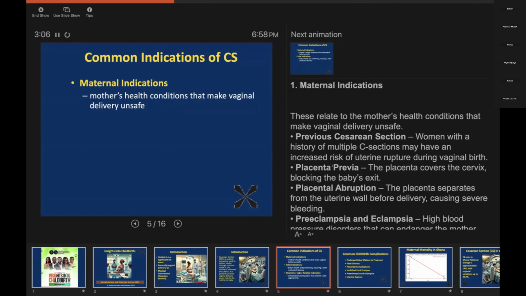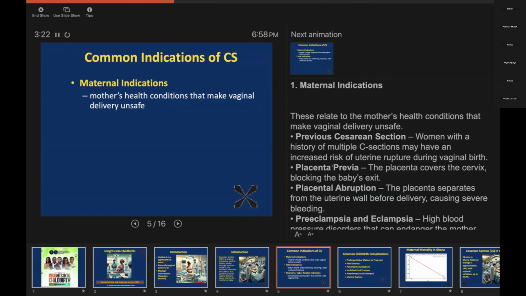Because you should keep in mind that this woman has already delivered via a cesarean section. It means there's a cut, a scar, a healed wound on that womb. So that side of the womb is not as strong as the other side.